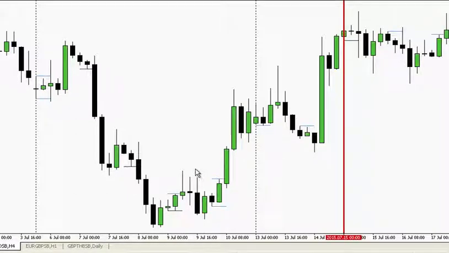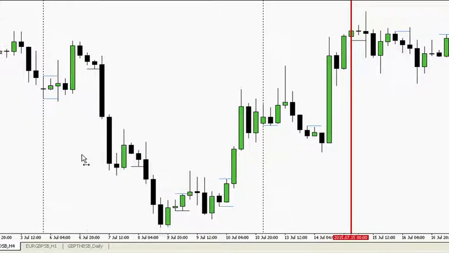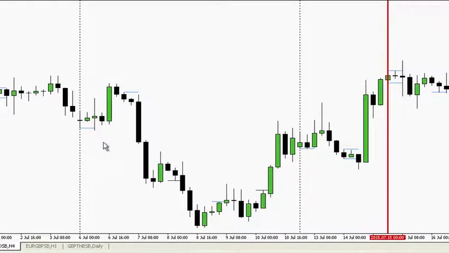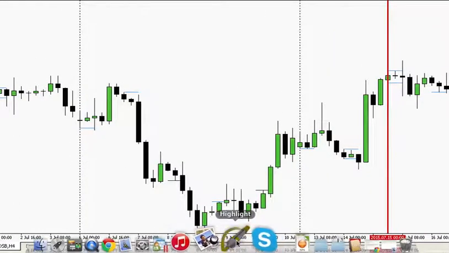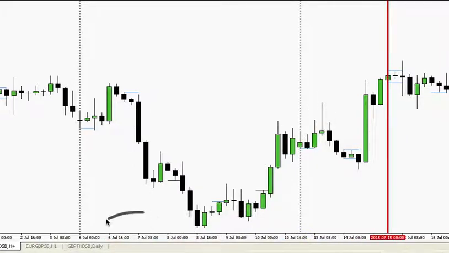The beauty of it is, if you go back and look on H4, there's a couple of things to note. One is that, let's say we took this long here and it stopped out, and then we took this short here, and then you don't get another long until all the way down here.